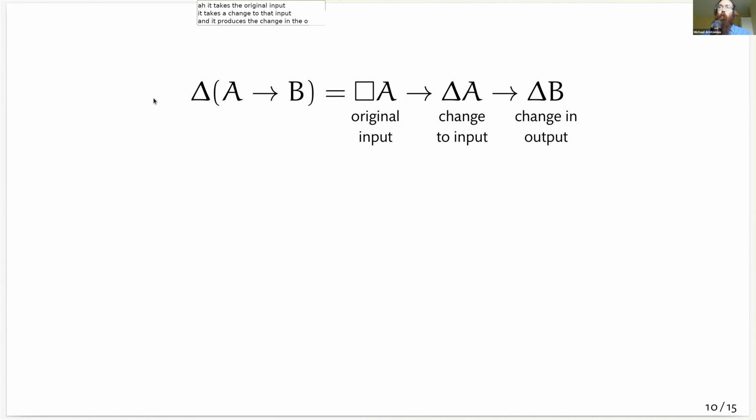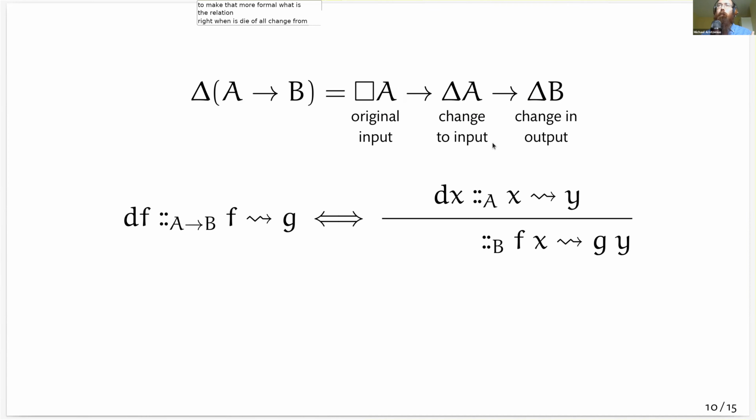So to make that more formal, what is the relation? When is df a valid change from f into g? Well, it's going to tell us how to incrementalize function application.